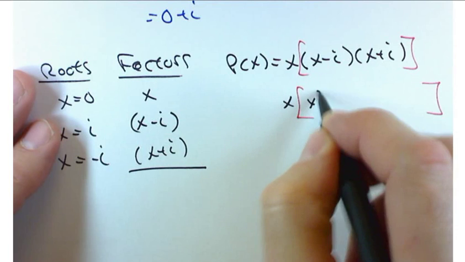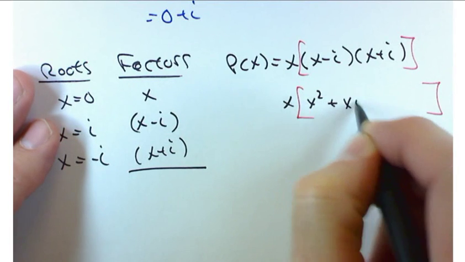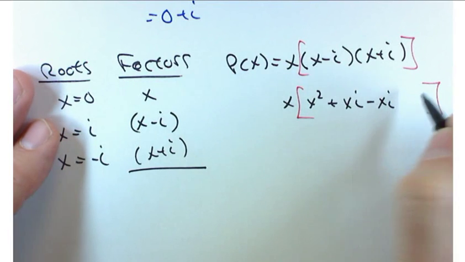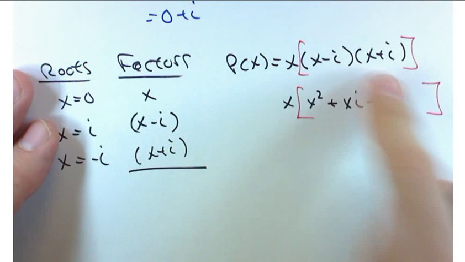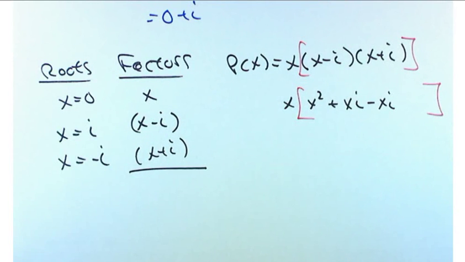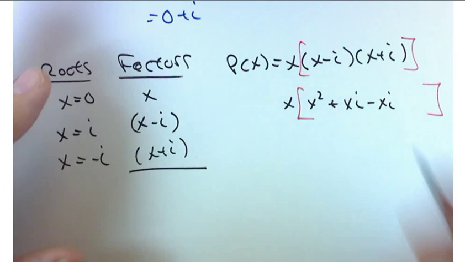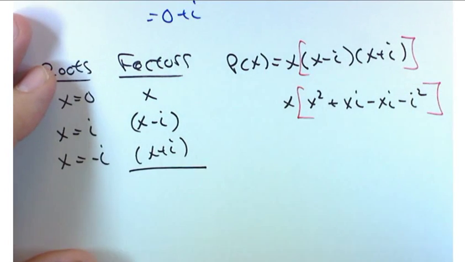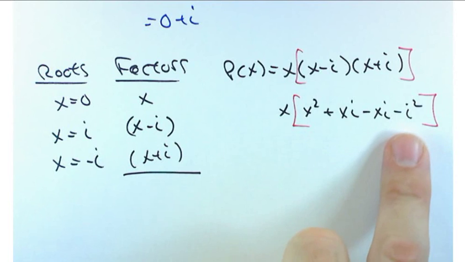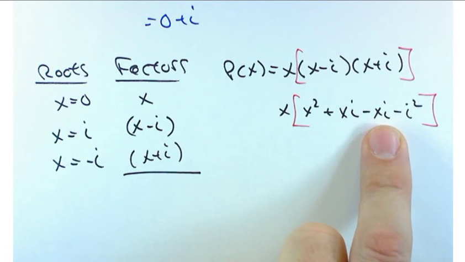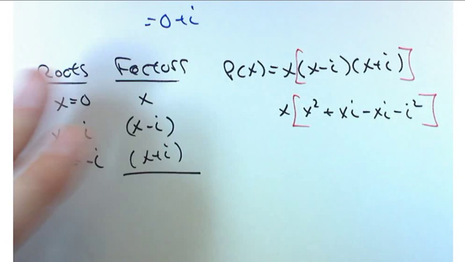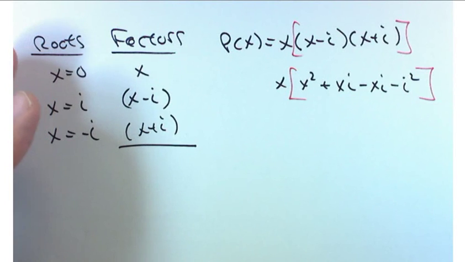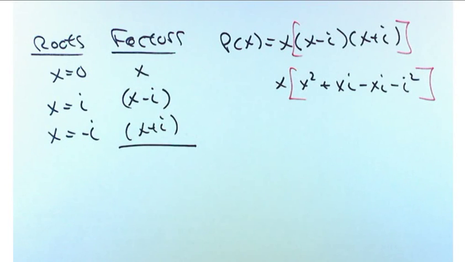It's going to be x squared plus xi minus xi. So first, outside, inside. How about the last term? What's the last term going to be? Good. Minus i squared. And that i squared is going to become negative 1. You'll have the negative of negative 1. So a lot of nice simplification coming our way.